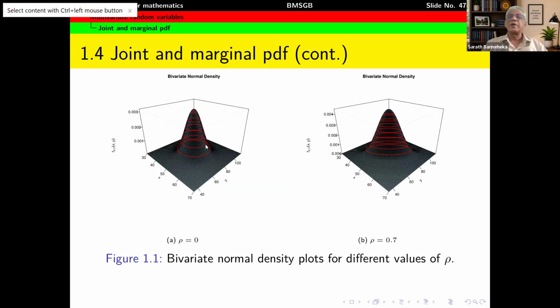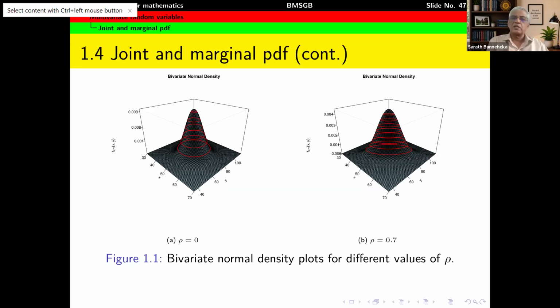So this is a symmetric cone, right? Symmetric around 50 and symmetric around 75 on this axis. But of course, the standard deviations will be different. But now you can see when rho is equal to 0.7, it's not a complete, usual cone. It's like a pressed cone.